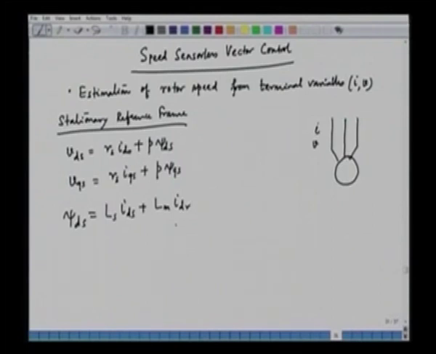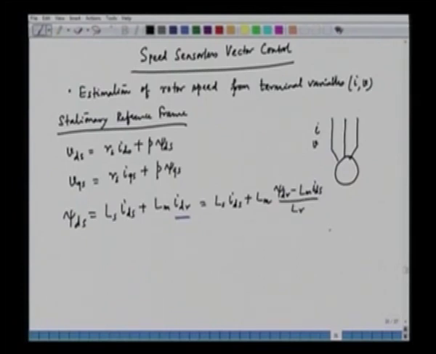And what is IDR? Again, we do not know what is IDR. IDR is the rotor current, and the rotor current is not easily available to us. So we have to replace for IDR. So this IDR has to be replaced as we have done before. That is equal to Ls IDS plus Lm into IDR, where IDR is psi dr minus Lm IDS by Lr.